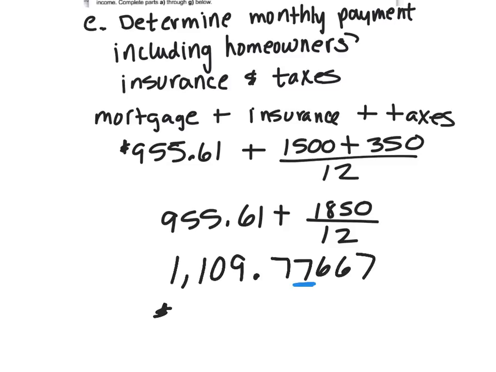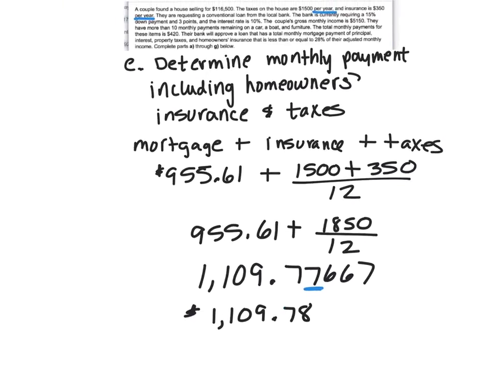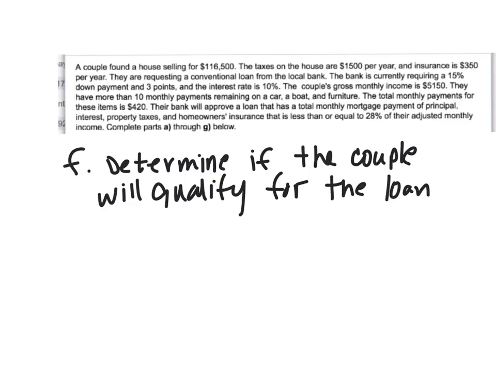So if it's rounded, my final answer is still $1,109, but I'm going to round that up to 78 cents. So my answer for part E, the total monthly payment, including my homeowner's insurance and taxes, is $1,109.78.